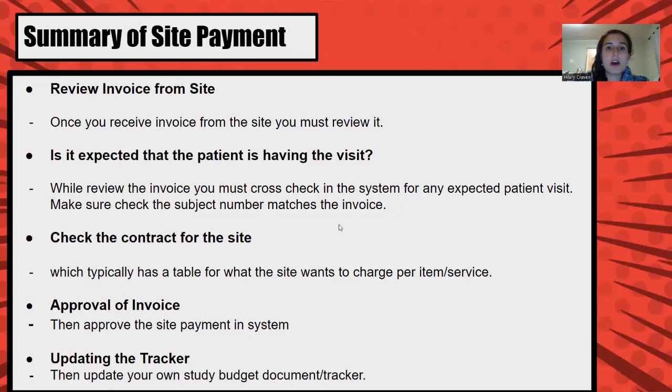So you cross-check the invoice against, is it expected? Does it make sense? You can also cross-check against your budget tracker, in the sense of, have you already paid for this, right? I think in general, when you're thinking about processing site payments, you don't want to assume malintent on the site side.